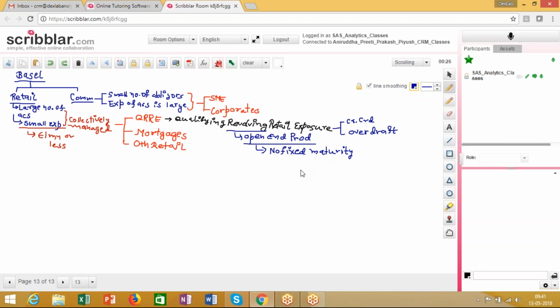Right. Now, given that there is no fixed maturity, the person keeps on revolving on that balance. So a revolving product is characterized by two very important features.